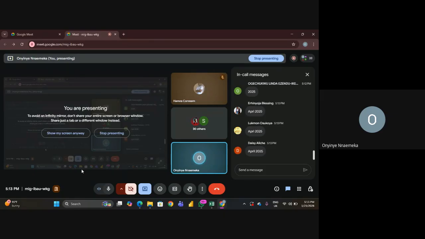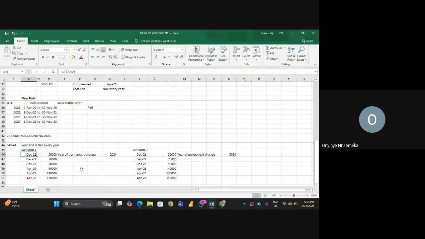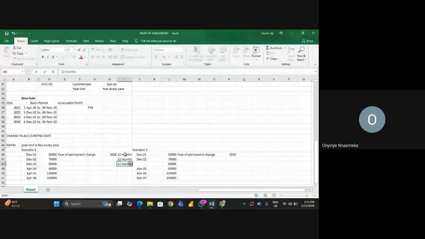All right. But looking at the scenario, actually, it's Precious that is correct. It did not change in 2024 because this statement is for 12 months. This is for 12 months. This is for 12 months.